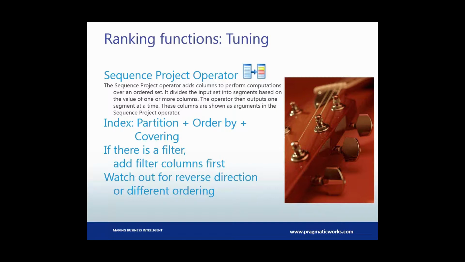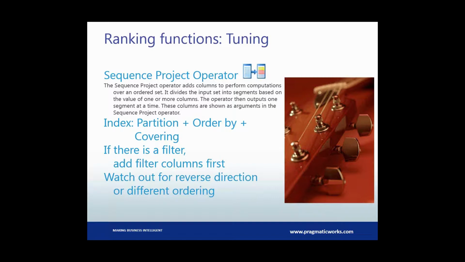Whenever I use one of these ranking functions, and also most of the other window functions, I'll see this sequence project operator. So if I want my query using one of these ranking functions to perform as well as it can, I'll need to create an index.